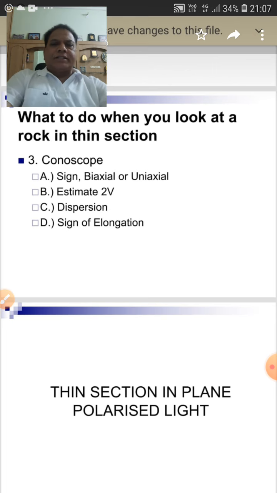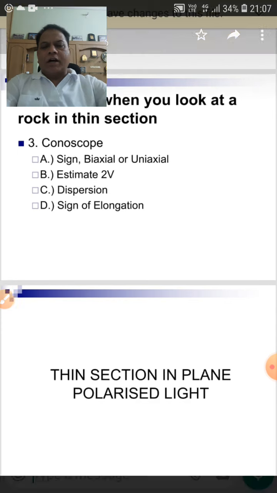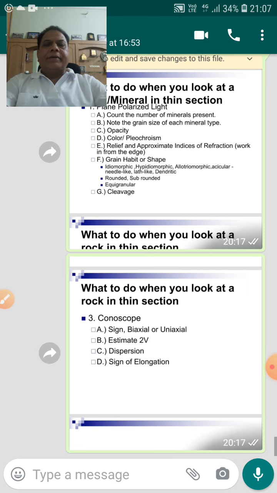Now, for a learner or beginner in the identification of rocks in thin section, we should have sound knowledge that minerals in general are classified into two categories, that is, isotropic minerals and anisotropic minerals.